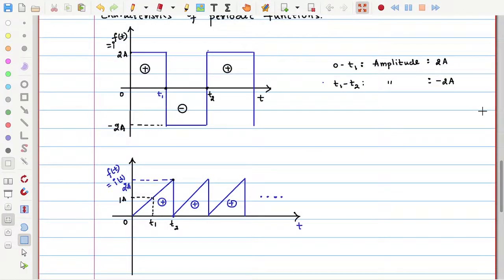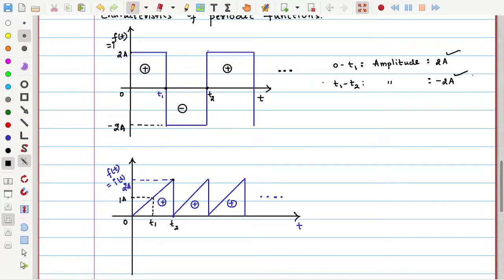Right. Now see here how this alternating waveform is continuing. From 0 to T1 it has an amplitude of 2 amperes. Then from T1 to T2 it has an amplitude of minus 2 amperes.